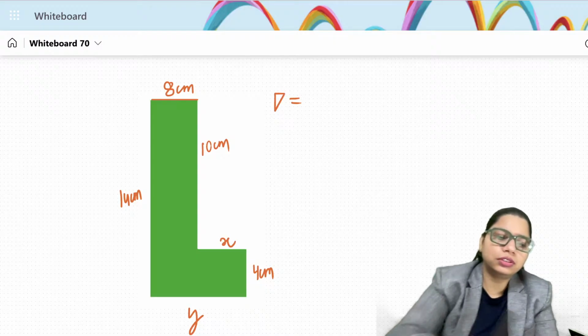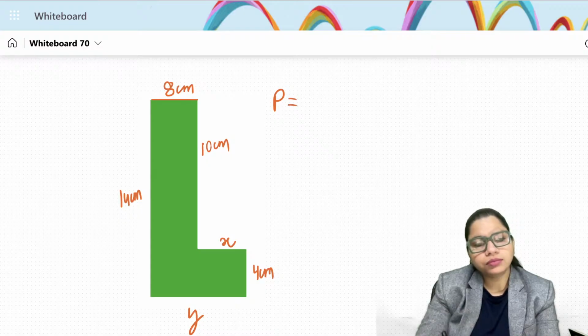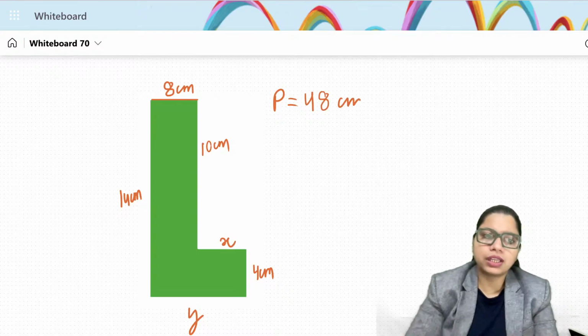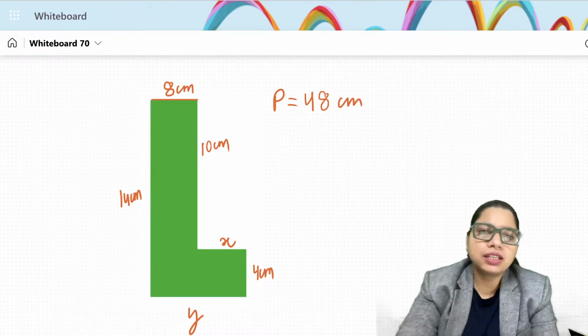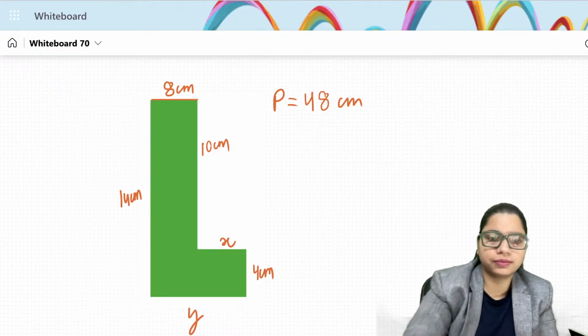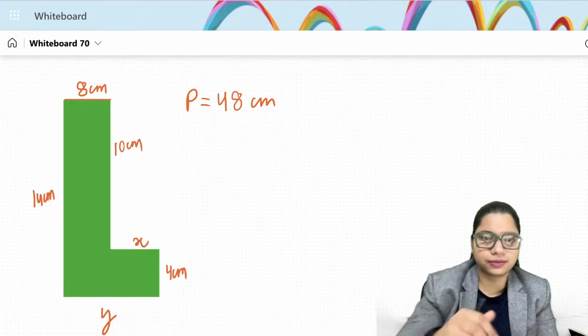Say for example, the perimeter given to us is 48 centimeters. Right, this is what the question is. The perimeter given to us is 48 centimeters, and we know this information.